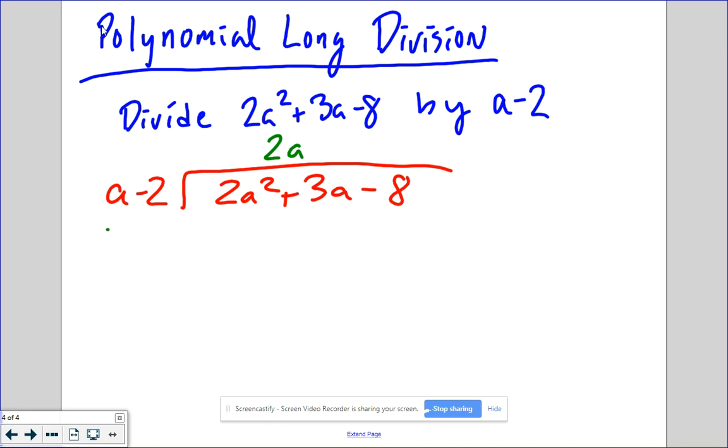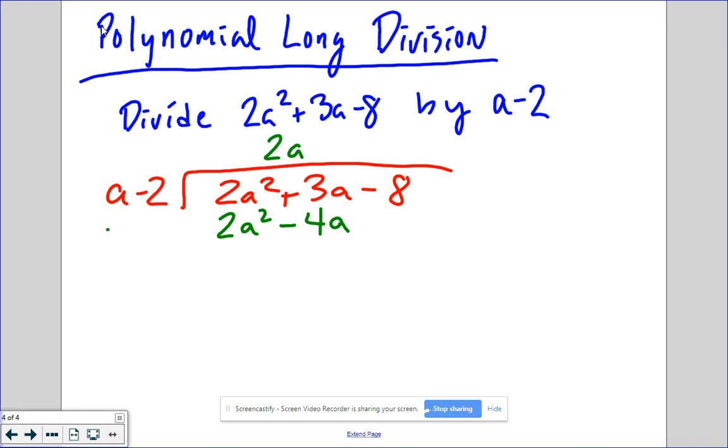So now, just like what we did with long division, you take how many times it goes in, and multiply it by everything on the outside. So I take 2a times a, that's 2a squared. But not only do I have to do the a, but I also have to do the 2. So I take 2a times negative 2, which is negative 4a.